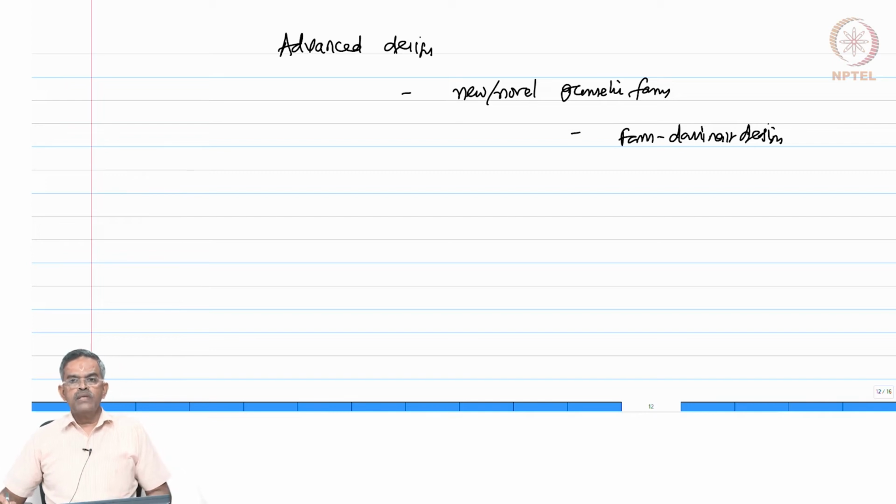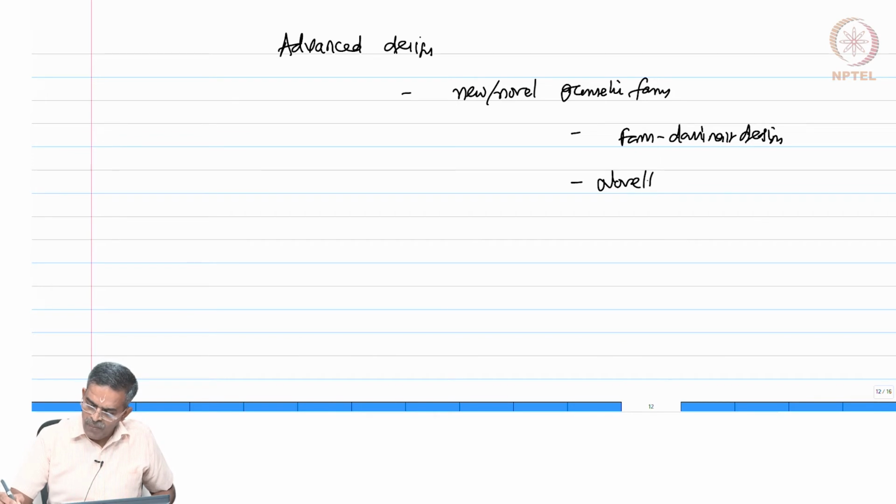In form dominant design, we are repeatedly insisting that the structural system will encounter the loads and disperse these loads not using the material strength, but by its arrangement of structural members. So, the novelty comes from the geometric form.